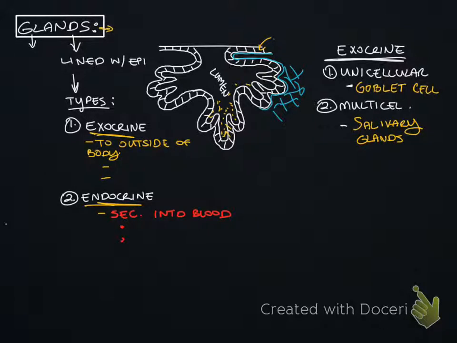So one of the important structures that contains epithelial tissue are glands. And we have two broad categories of glands: the exocrine and endocrine glands. In general, glands are one or more cells that make and secrete an aqueous fluid known as a secretion.